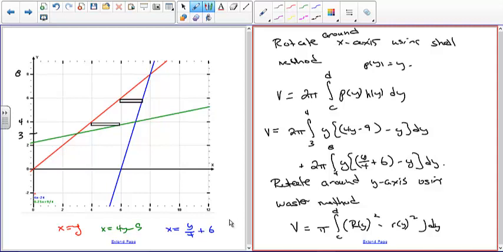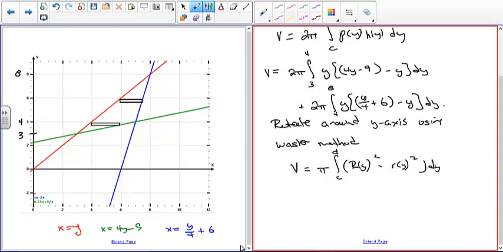Anybody got any questions about that? You're like, oh, it looks so easy when you do it. You can almost figure out the next one just by looking between these two. So you're still going to have the same limits, 3 to 4. This is now the outside radius. So you get 4y minus 9 quantity squared.